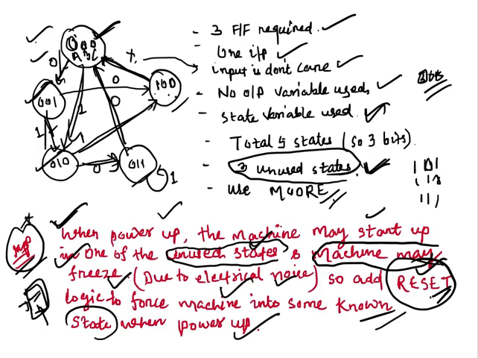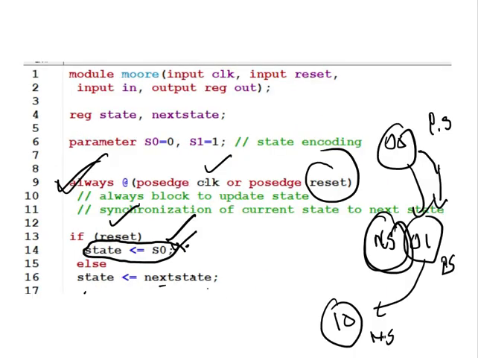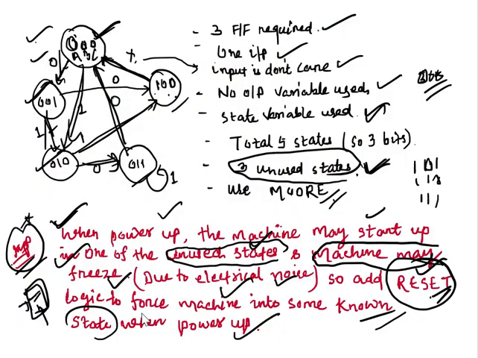This is the reason why every state machine will have a reset signal. This is the use of the reset signal that I explained. This is one of the most important questions during interviews, so you have to remember it.